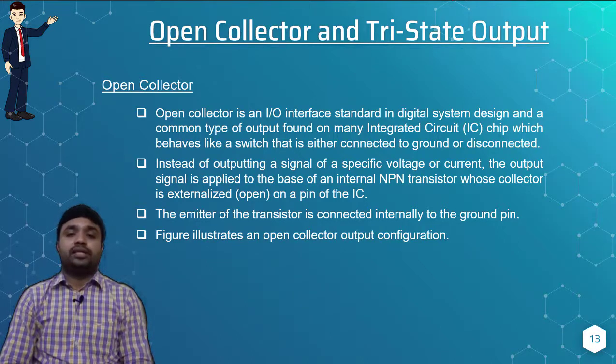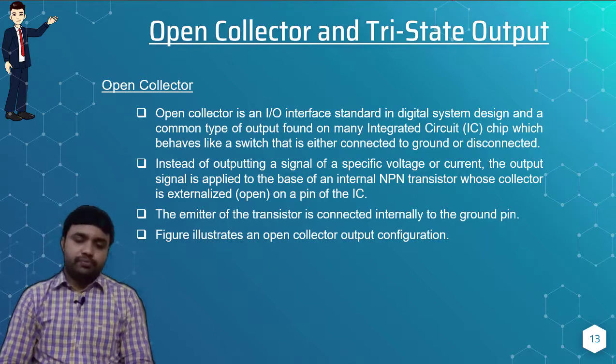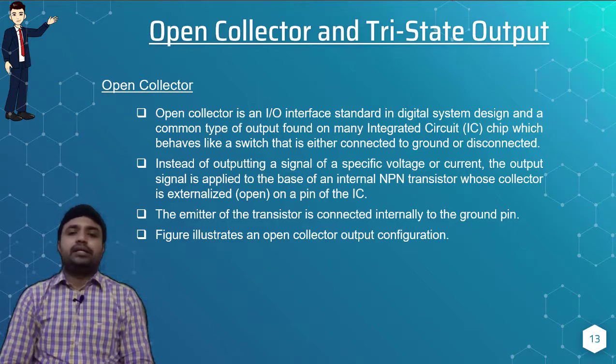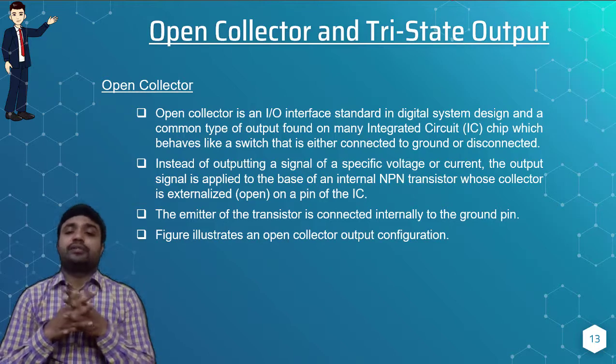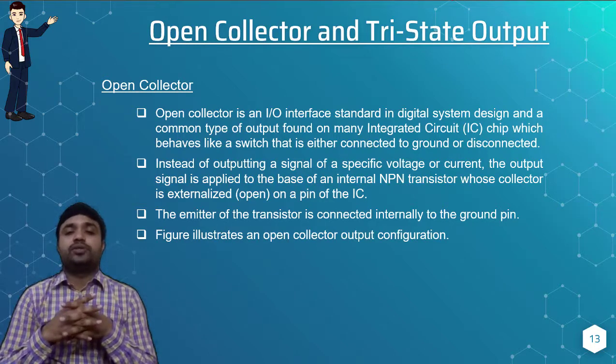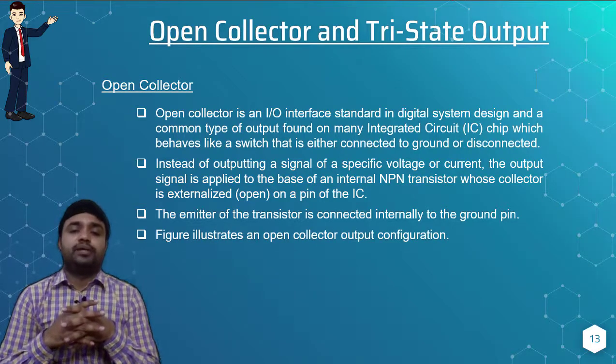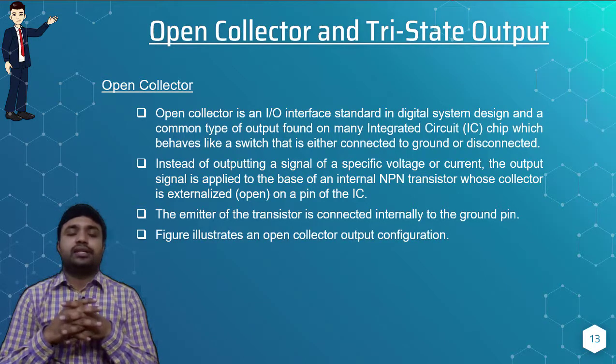That is why open collector is an IO interface standard. It is a normal output section only, but here it acts as a switch. Originally there must be a physical connection to realize the operation of a transistor as a switch, but here we are not connecting the collector to any terminal.